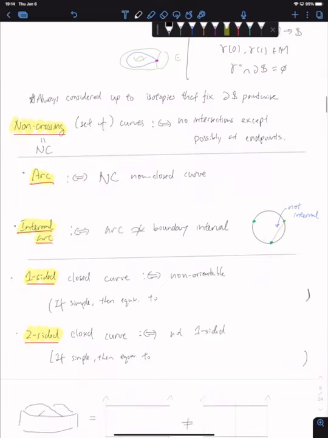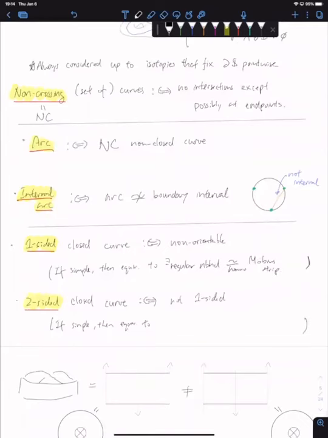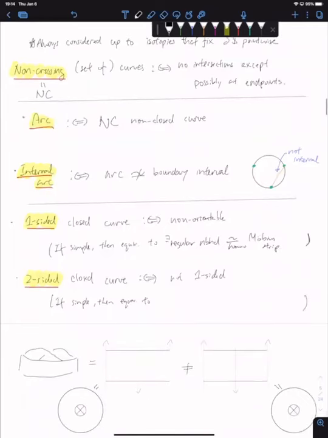If they are simple, there is a more helpful way to think about this definition: a simple curve is one-sided if it has a regular neighborhood homeomorphic to the Mobius strip. And you can guess the equivalent case for two-sided curves, which is a regular neighborhood homeomorphic to an annulus.